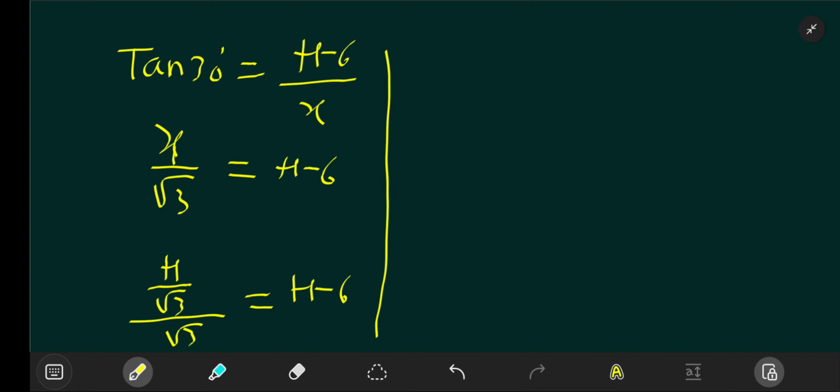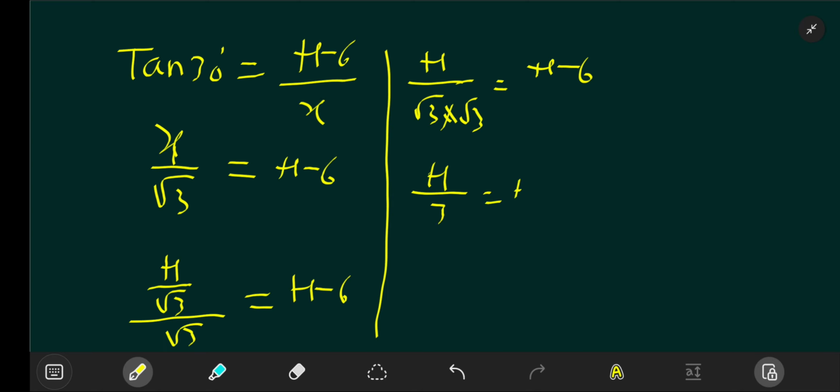The denominator root 3 into root 3 becomes 3, so h by 3 equals h minus 6.